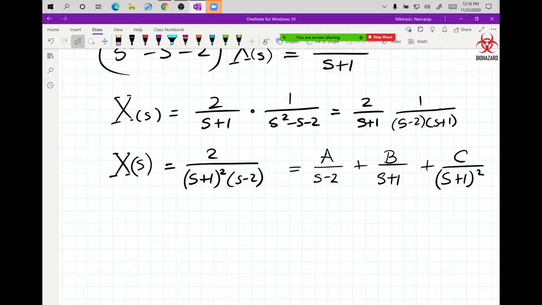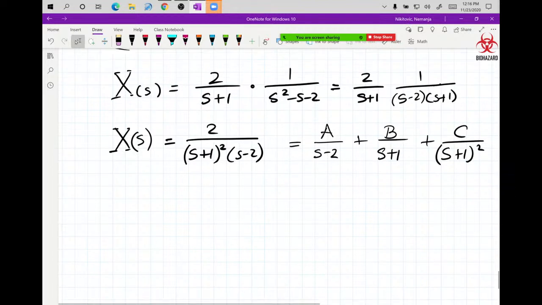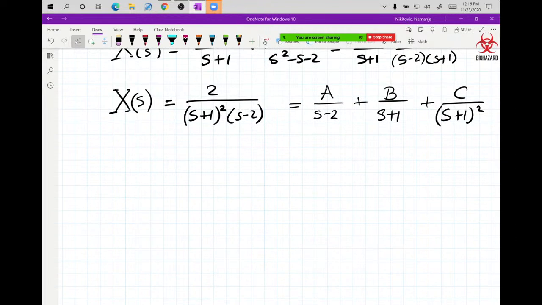So now that I have this, all I need to do is work out the algebra of what's missing, and then we're done. So on the first one, I'm missing s plus 1 squared. Over here, I'm missing s plus 1, s minus 2.